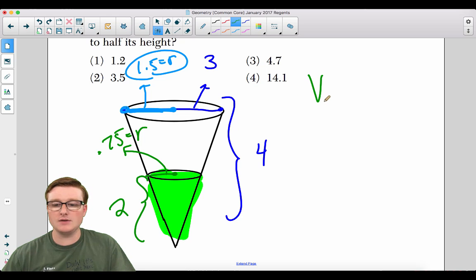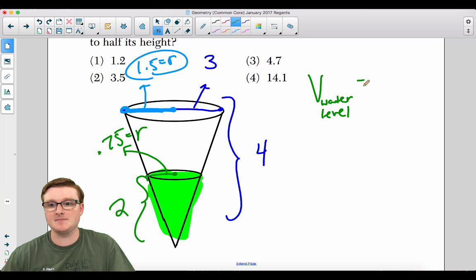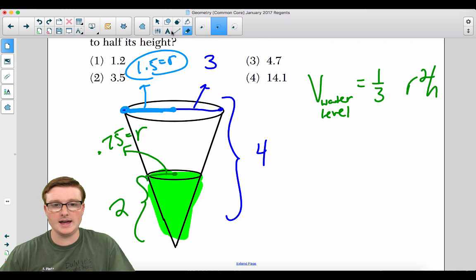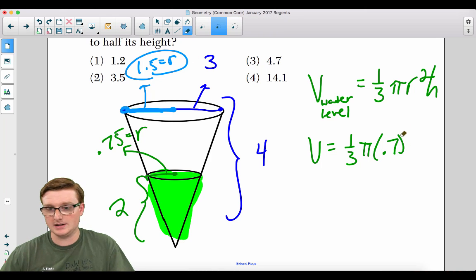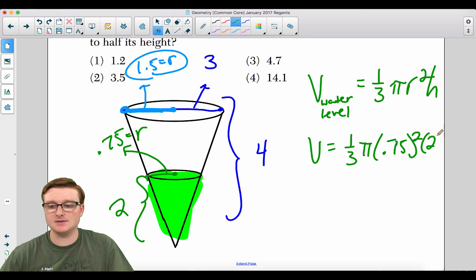So the volume of the water level, or the smaller cone, however you want to think about it, is 1/3 pi r squared times the height. So the volume is equal to 1/3 pi times 0.75 squared times the height of 2.